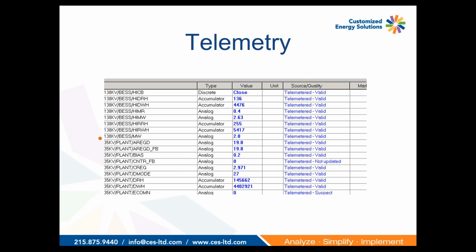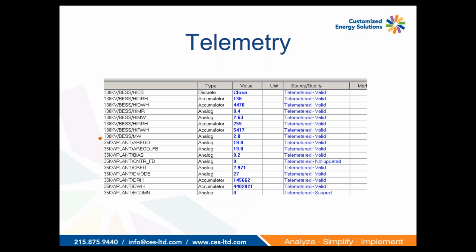I mentioned the upfront requirement to get telemetry in place. What I'm showing on the screen here is just an example of some of the information that typically flows back and forth between the resources and the ISOs. You generally would have a megawatt output. You'll generally have the regulation signals that are coming from the ISO out to the facility, and then oftentimes there are feedback of those signals going from the facility back to the ISO.